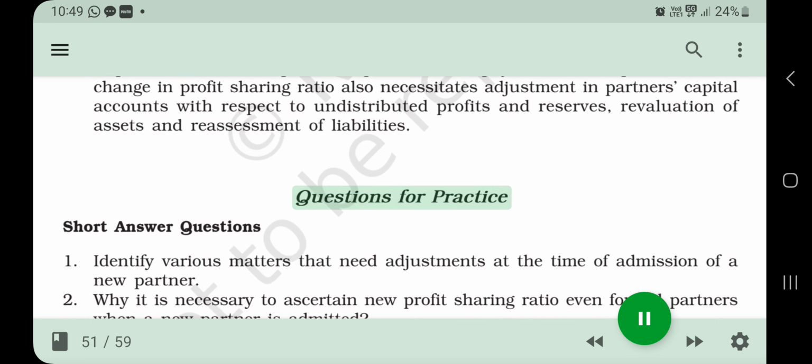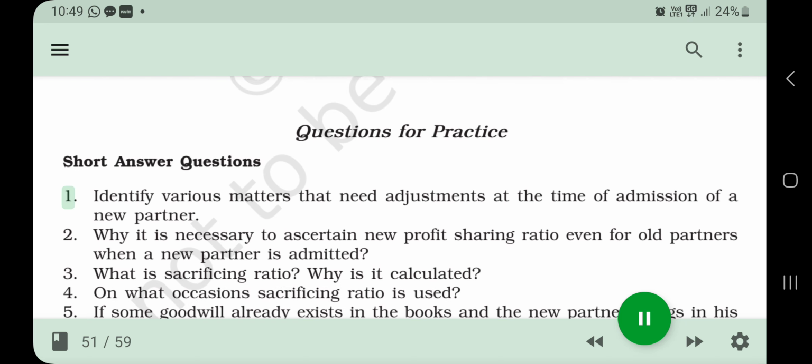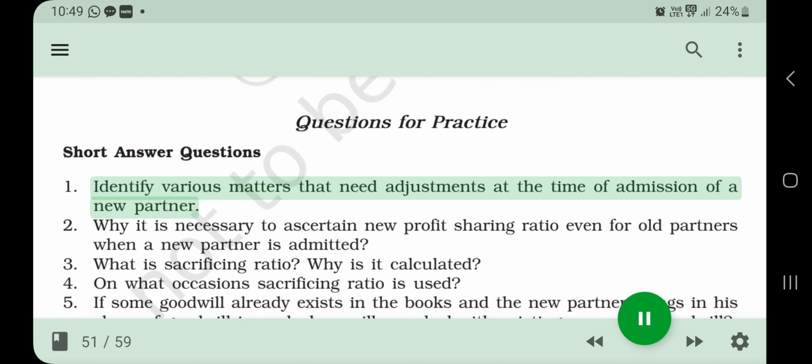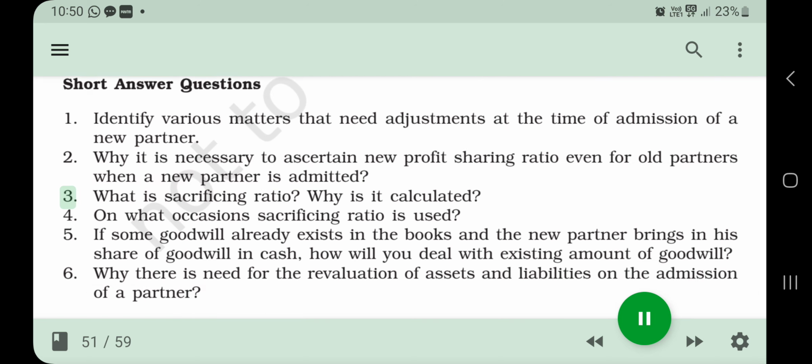Questions for practice. Short answer questions. 1. Identify various matters that need adjustments at the time of admission of a new partner. 2. Why is it necessary to ascertain the new profit sharing ratio even for old partners when a new partner is admitted? 3. What is sacrificing ratio?